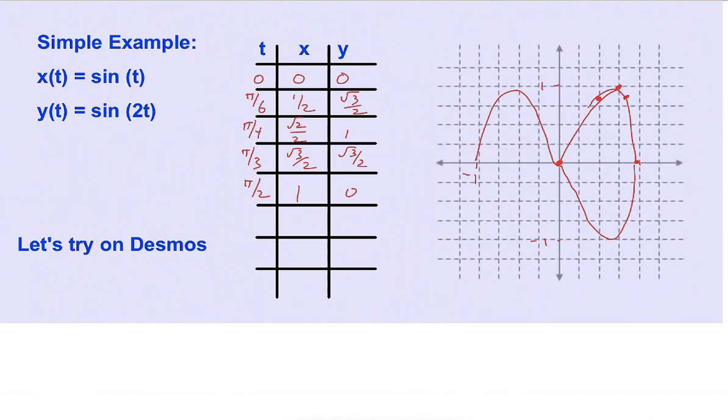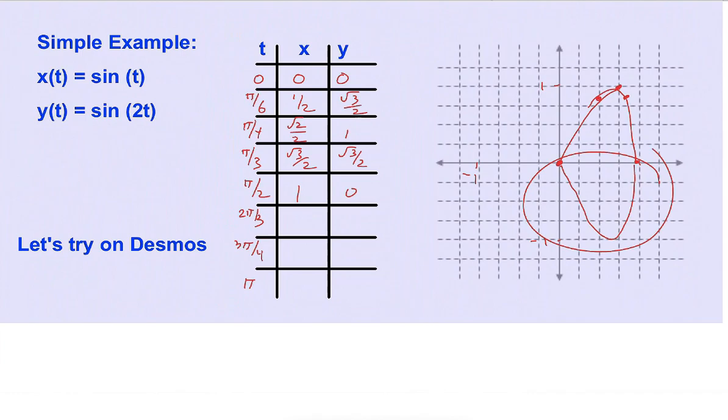If you would like, you can certainly pause the video and plug in a handful more t values to see that this is true. I would try 2 pi over 3, 3 pi over 4, pi, and just to see what happens.